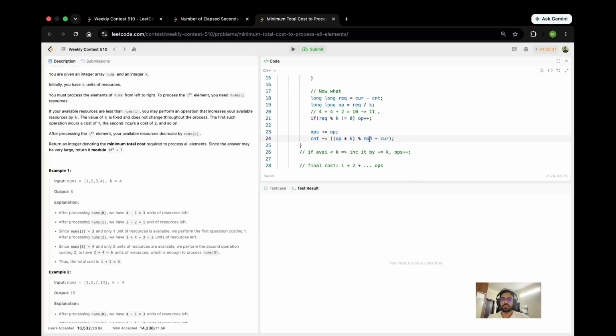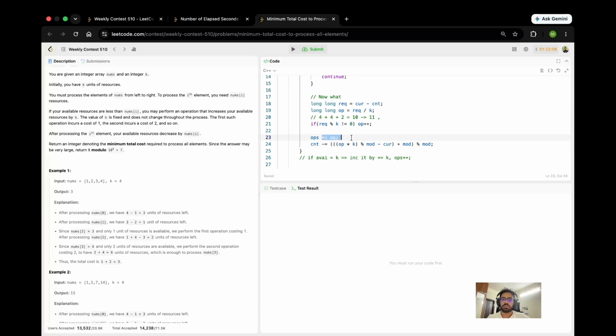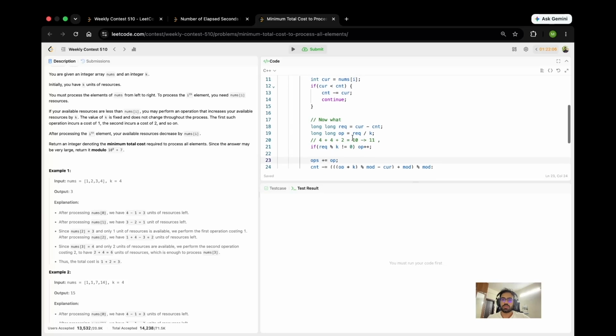So operation into k. Count minus equals to current, so that it will not become negative. Oops, can count become negative? Don't know, let it be.